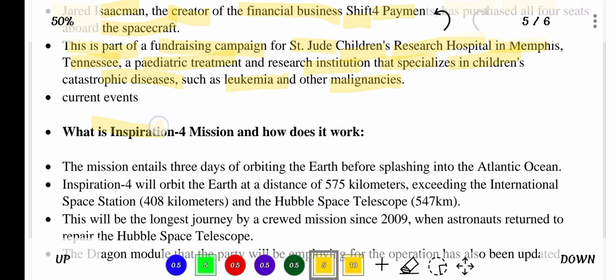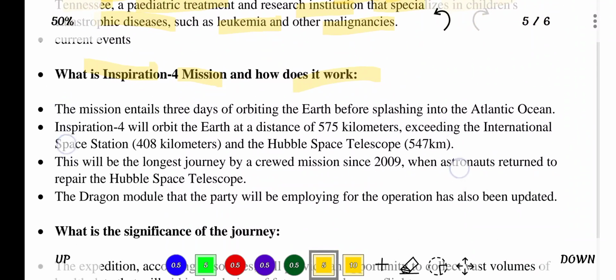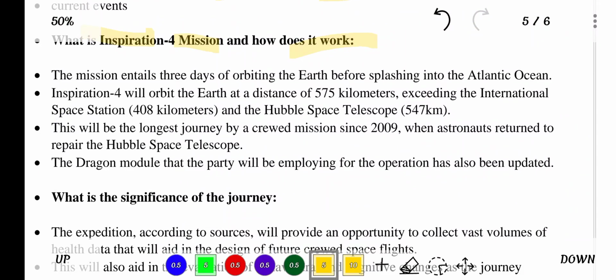So, what is Inspiration 4 mission and how does it work? The mission entails 3 days of orbiting the Earth before splashing into the Atlantic Ocean.